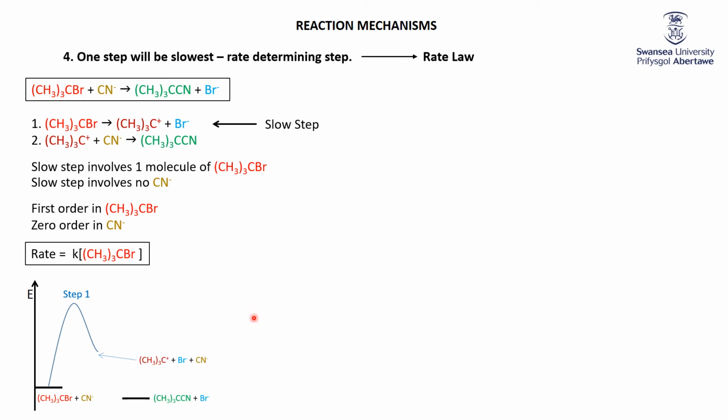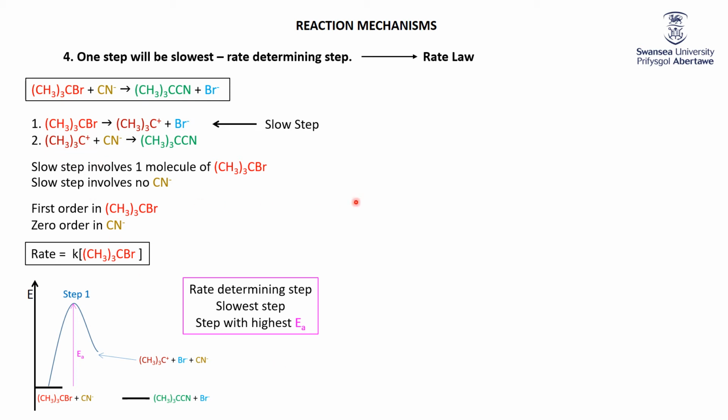Now, we said this is the slow step, this is the hard step, this is the step that's going to need the energy. This is the step that has the highest activation energy. Get over that activation energy, then the reaction can happen. Now the second step here is still going to be a little bit of a hump, because you've still got to rearrange some things, still a little collision, still need a little bit of energy.